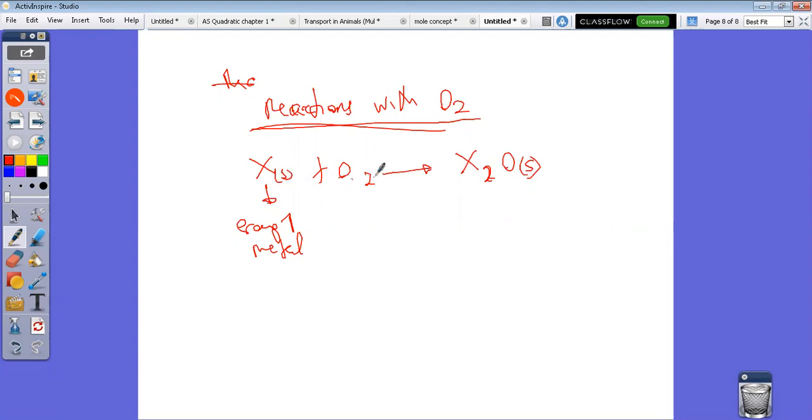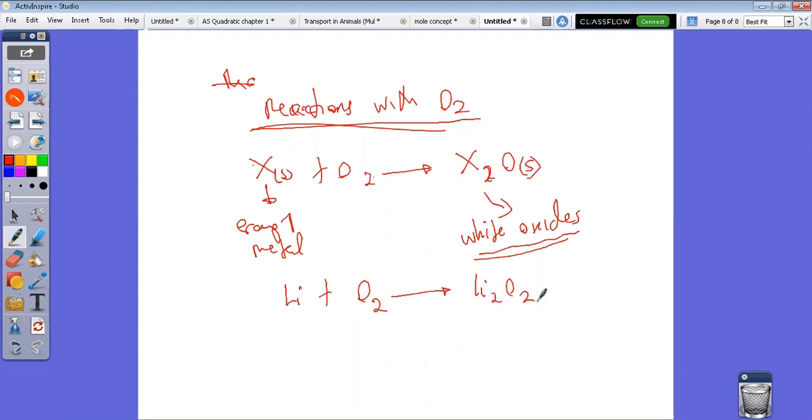I'm sure you know that this is a gas. Now what we form here, we can write that down: in general, we form white oxides. All group 1 metals form white oxides. So now I can replace the X with lithium, and I will simply have lithium oxide.